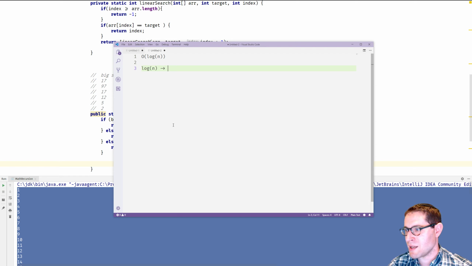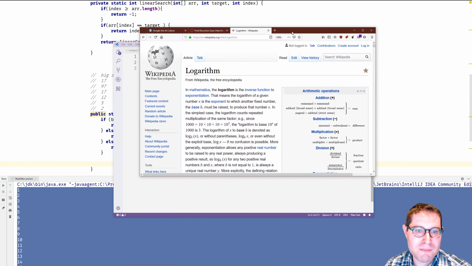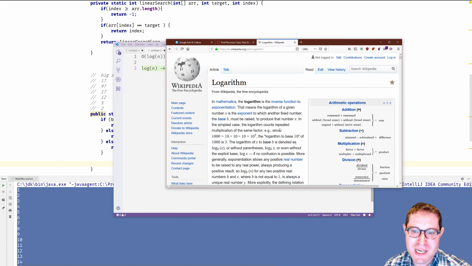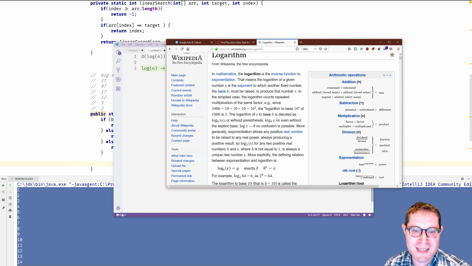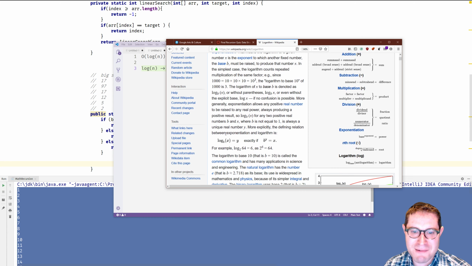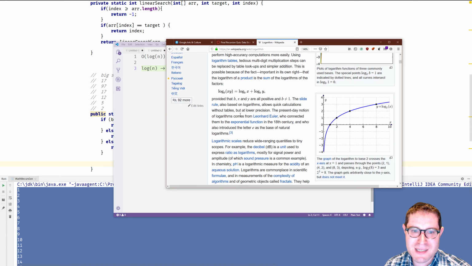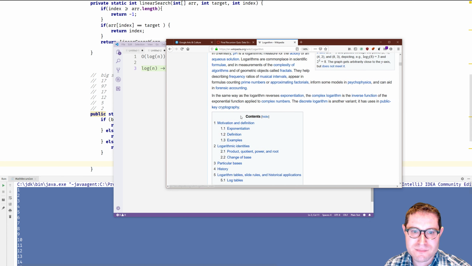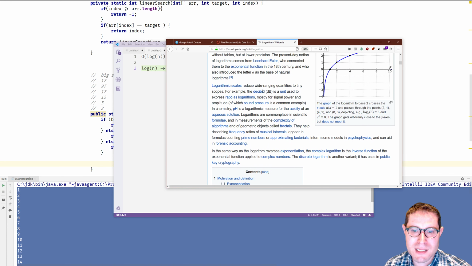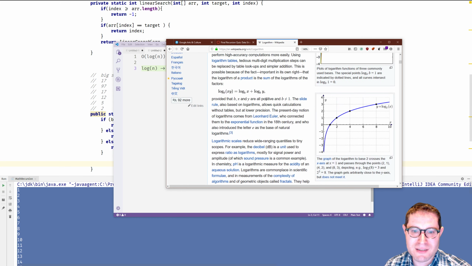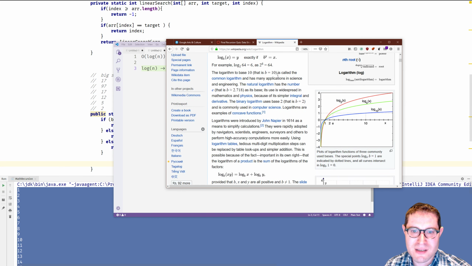Now, this is the explanation I wish I had gotten for what a logarithm is, because if we look on the Wikipedia page for logarithms, it says it's in mathematics the inverse function of exponentiation. My mind totally works like that, right? But honestly, it is actually a much easier explanation than that.